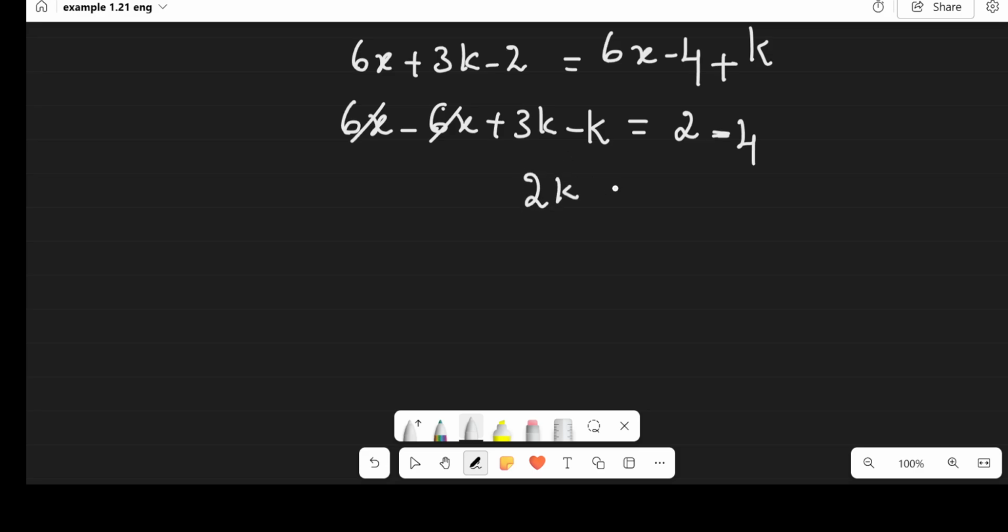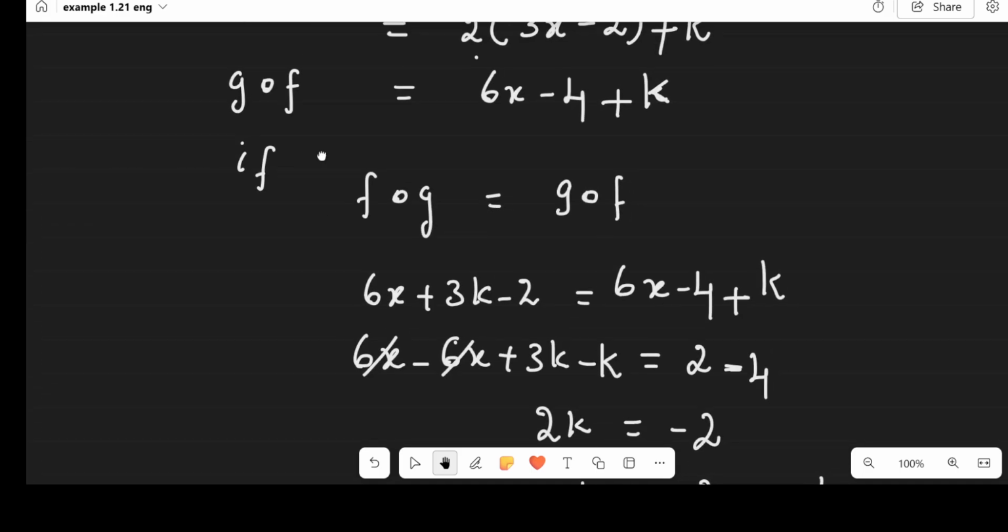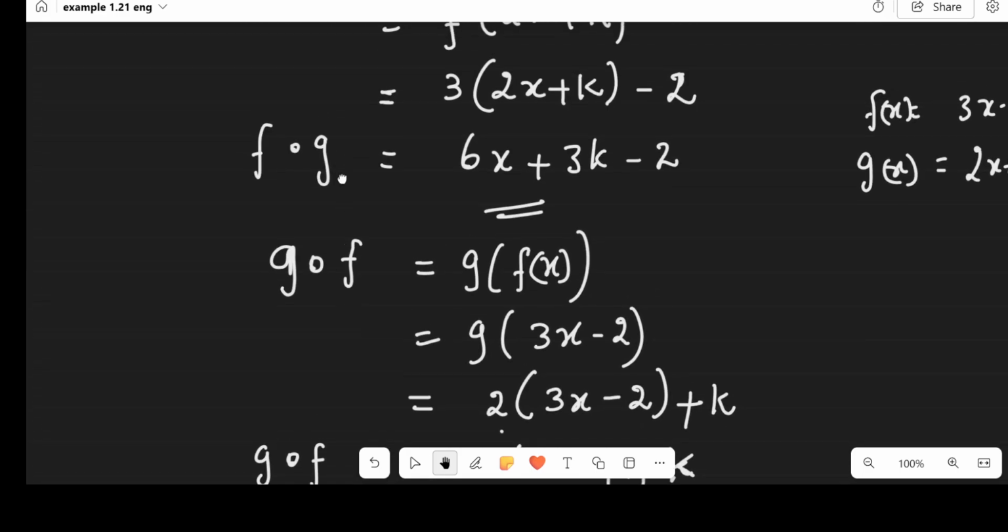Answer would be 2k is equal to 2 minus 4. Answer is minus 2, right? Then k would be minus 2 divided by 2. The answer is minus 1. This is the value of k. k value is minus 1. That is the answer of this problem.